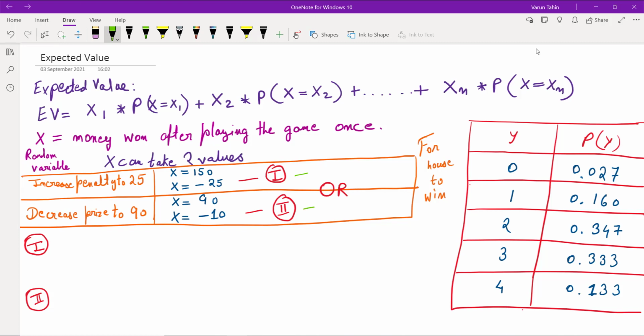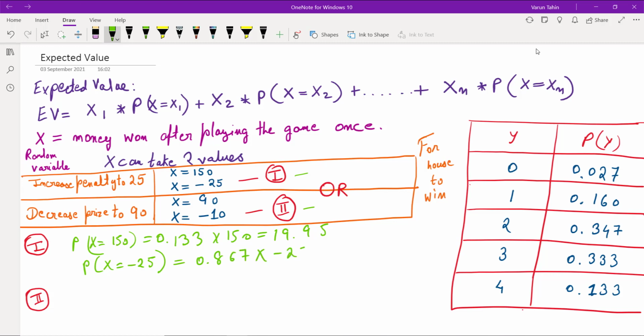So in the first condition, it will be P X equals 150, and we'll calculate this as 0.133 into 150, which is 19.95, and P X equals -25, which will be 0.867 into -25, which is 21.675. So this sums up, we need to add this.